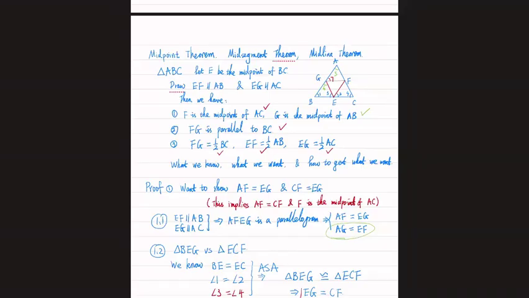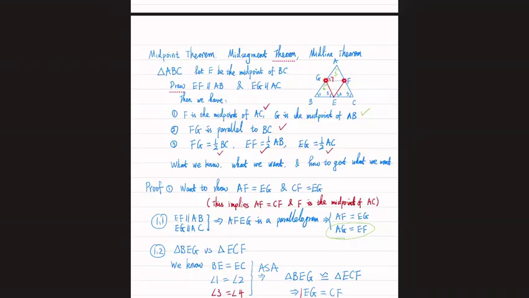Okay. What we know, our assumption, we start with 1 midpoint, 2 parallel lines. Okay, so that's where we start. And then we proved both are midpoints.